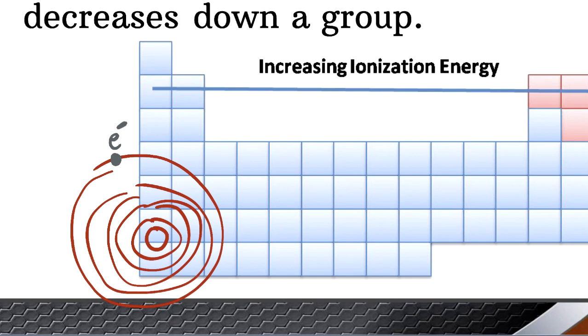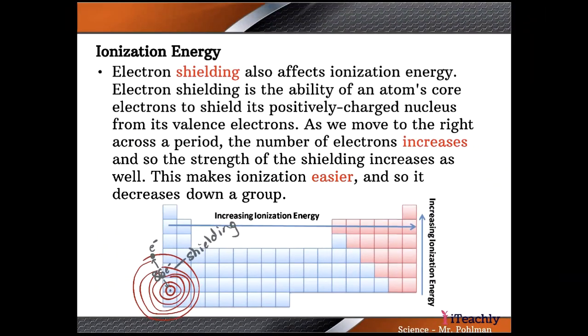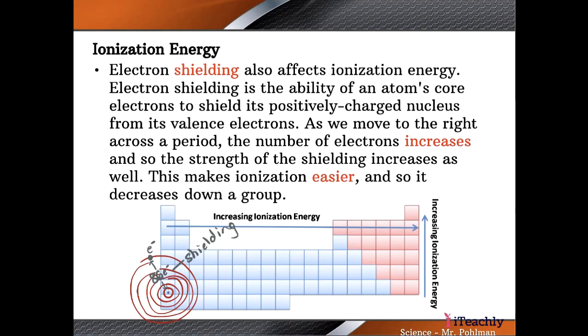No. The electron is very far away from those 87 protons. In addition to that, in between here, you have 86 other negative charges that are repelling each other. So this provides a great deal of shielding, and therefore it decreases the energy needed to remove that outermost electron.